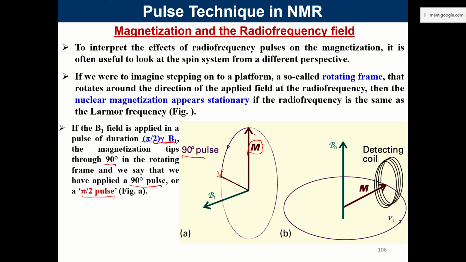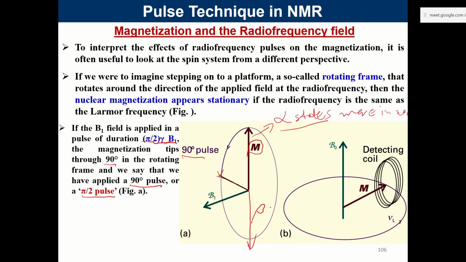When it is here, alpha states are more in number, more populated, that's what we say. And if the magnetization vector is pointing like this, it is the beta.